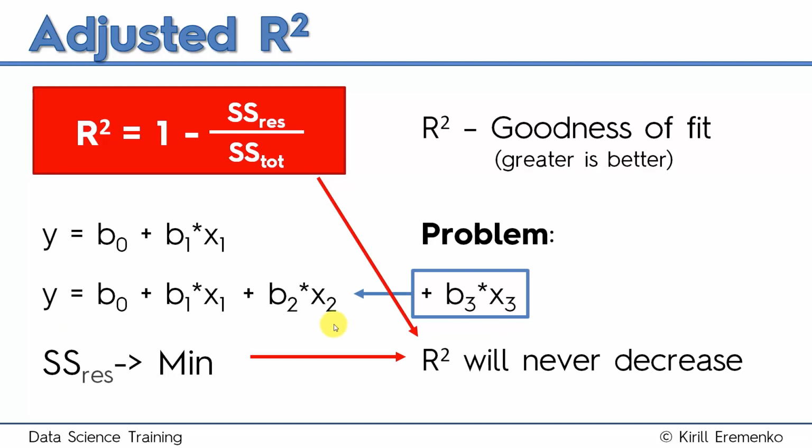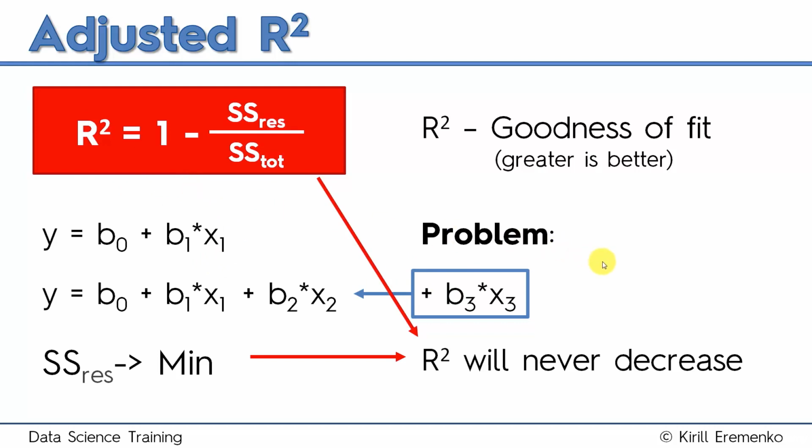There's no causative factor, there's no association between the two. The last digit of your mobile number has no effect on your salary. But if we add it in, there will randomly be a slight correlation, and the regression process will pick it up and give it a coefficient, and R squared will probably increase by that tiny little bit.